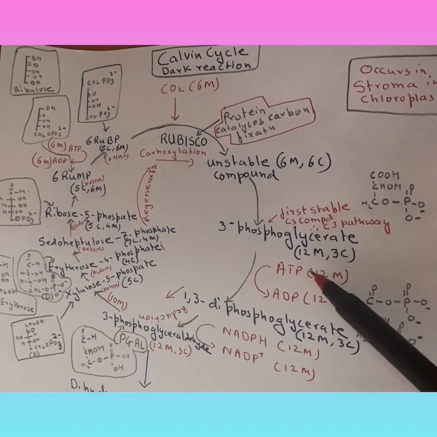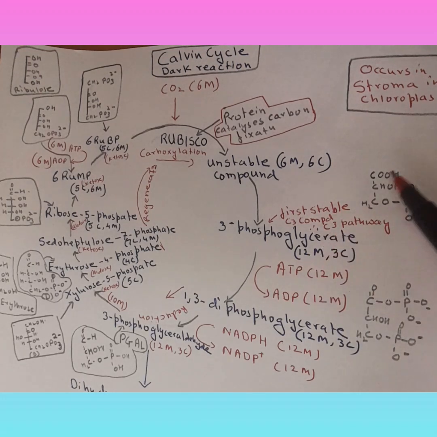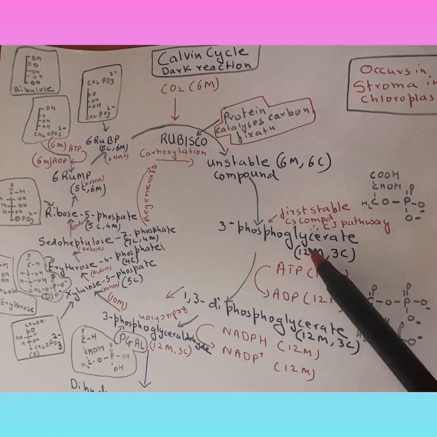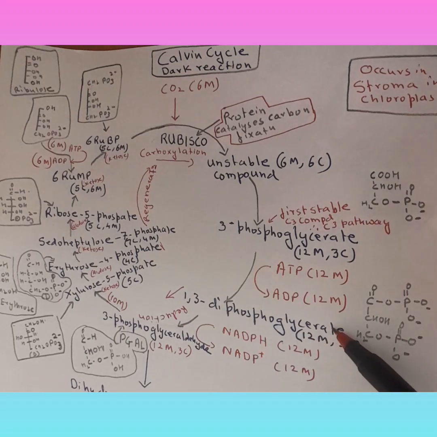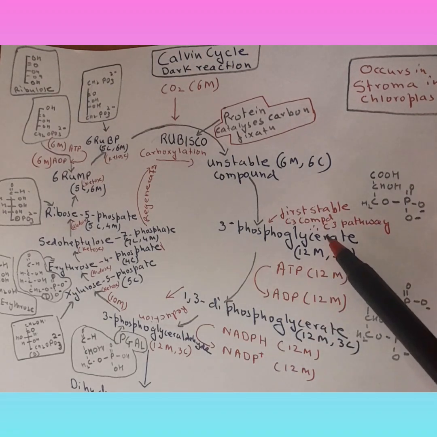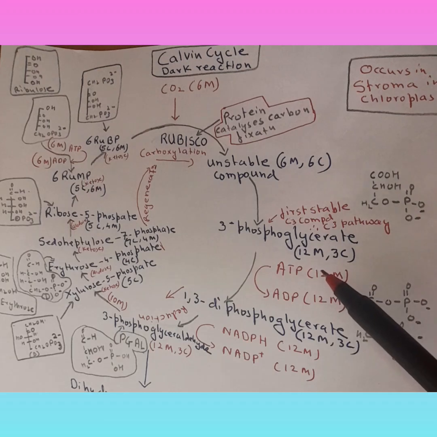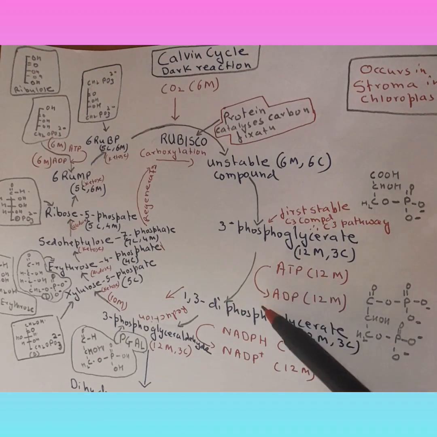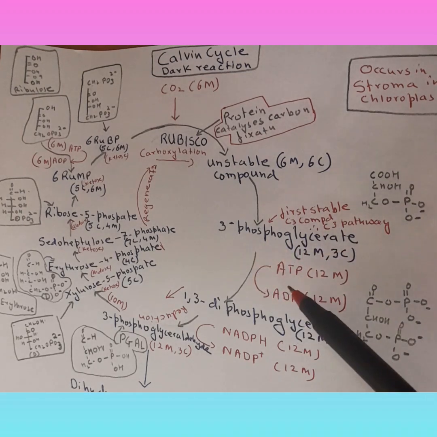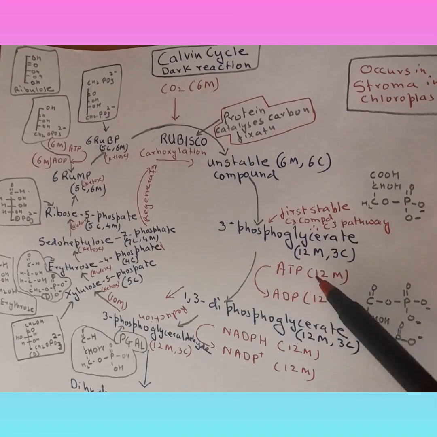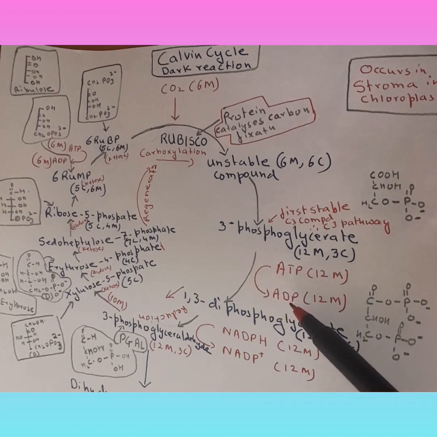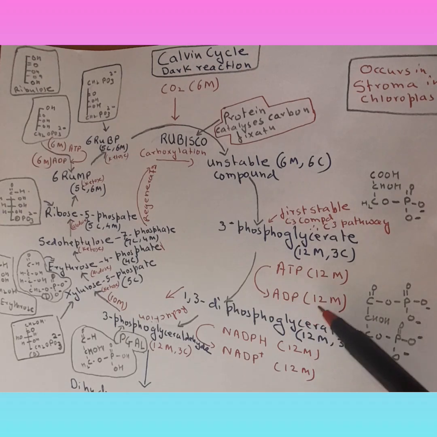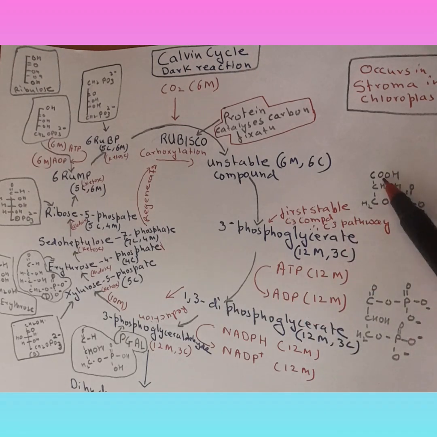Now what happens here is this 3-phosphoglycerate now gets converted to 1,3-diphosphoglycerate. So obviously one phosphate has to come in. From where does it come in? It comes in from ATP. Now since 12 molecules of this molecule are there, it takes 12 molecules of ATP, which get converted to ADP and inorganic phosphate, which gets attached to this part.